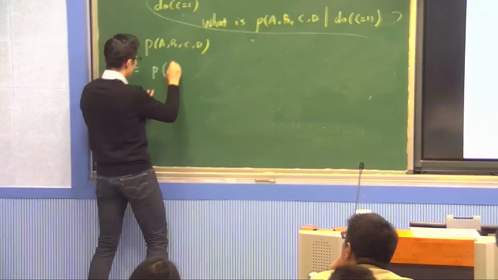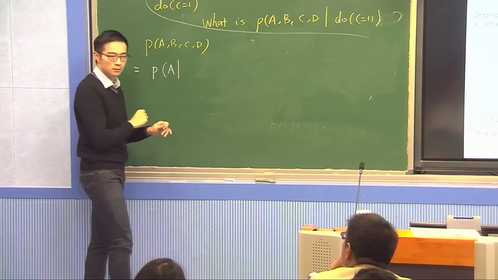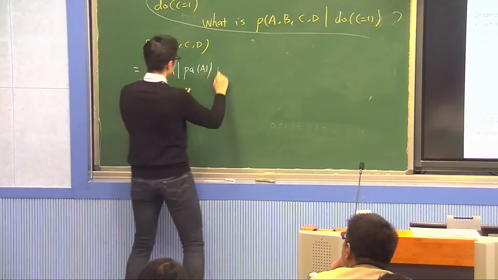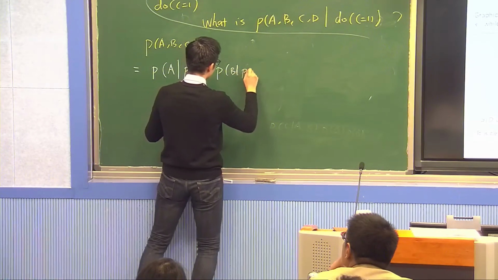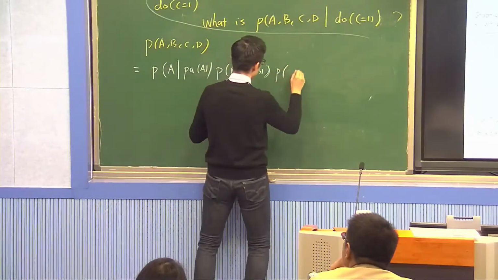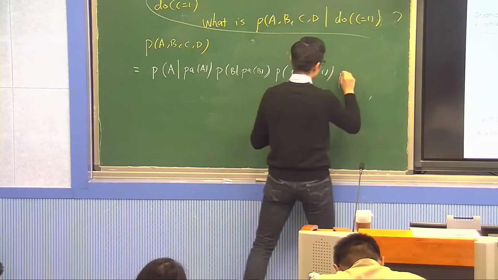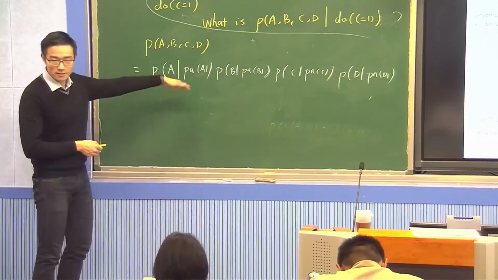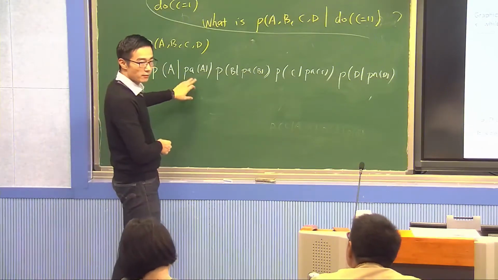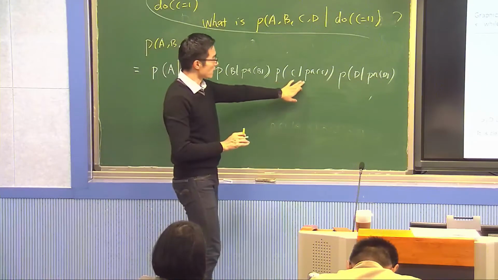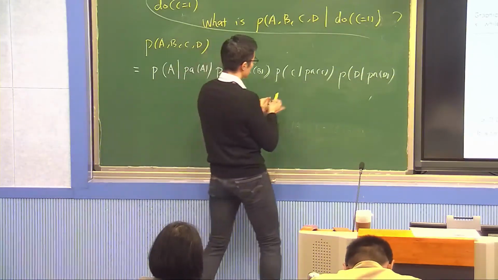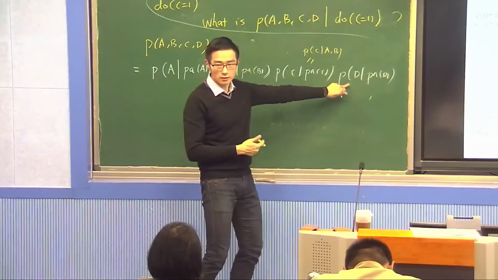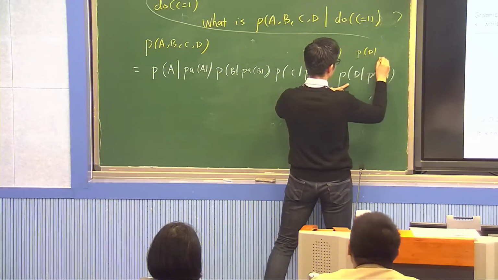I can always write this as P(A) conditional on the parents of A, which in this case has no parent, P(B) conditional on the parents of B, P(C) conditional on the parents of C, P(D) conditional on the parents of D. But it's the same as the one I just wrote before: P(A given parents of A) is just P(A), P(B given parents of B) is just P(B), P(C given parents of C) is P(C conditional on A and B), and P(D given parents of D) is P(D conditional on C).